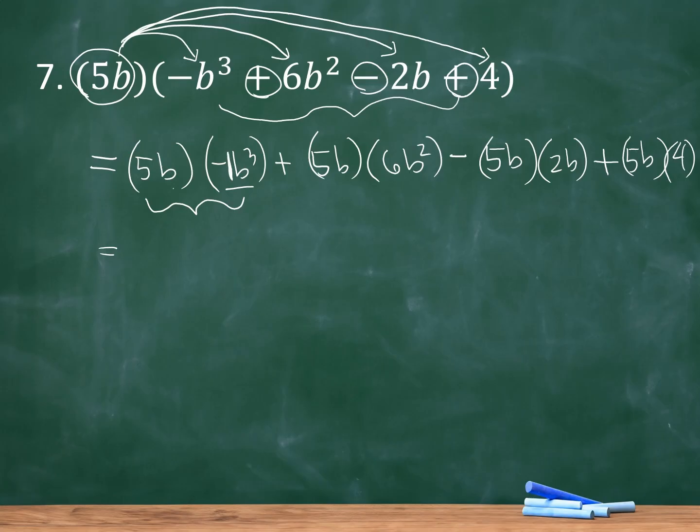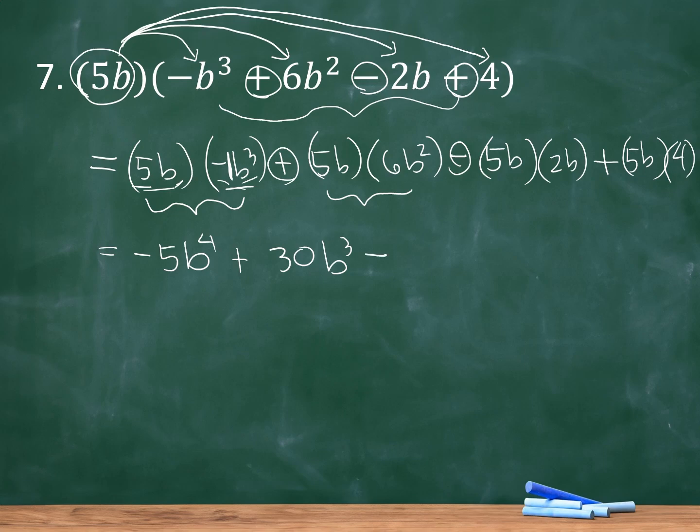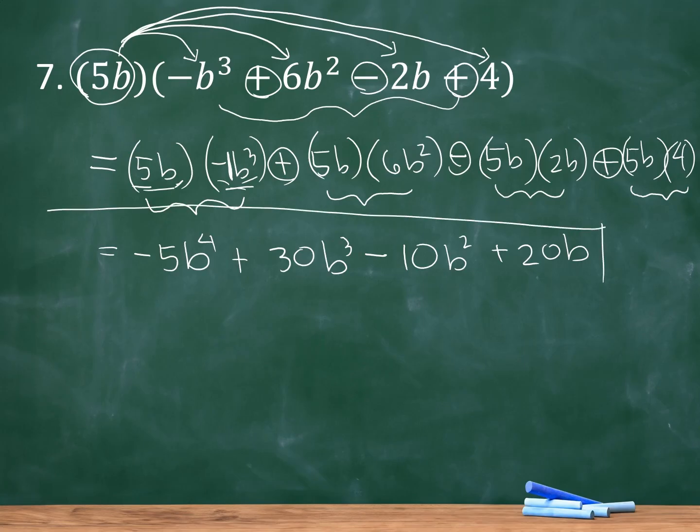So when we multiply 5b and negative b cubed, we multiply 5 times negative 1, that's negative 5, and then b times b cubed, that's going to be b to the power 4, plus 5b times 6b squared, that's 30b cubed, and then we have here minus, so copy minus, 5b times 2b, that's 10b squared, and then we have a plus, so 5b times 4, that's 20b. So this will now be our final answer.